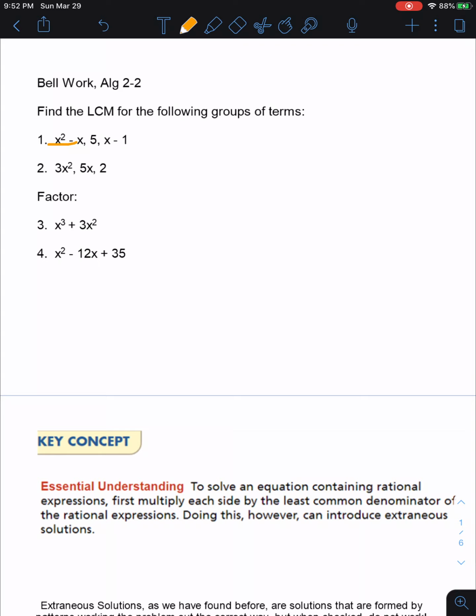So if I take x squared minus x and I factor it, that would give me an x times x minus 1. Okay, that would be all the factors in that one.